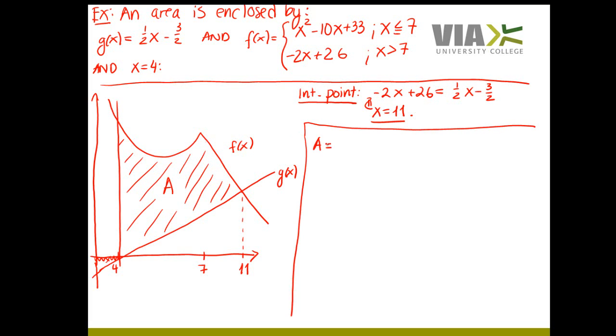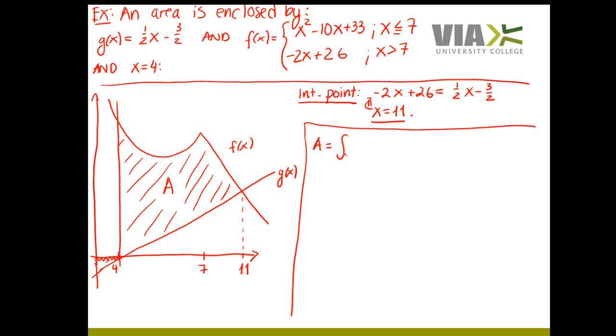We need to split it into different intervals, because we can see that from x equals 4 up to x equals 7, the area is given by the definite integral of the upper function f(x) minus the lower function g(x).